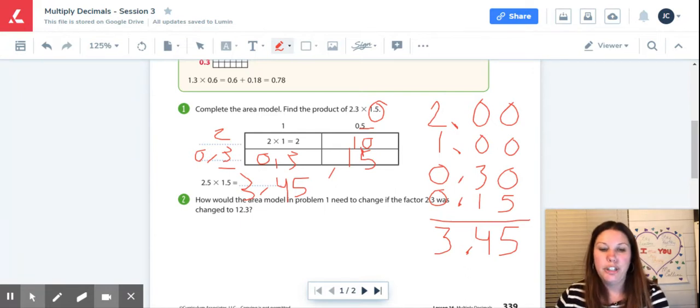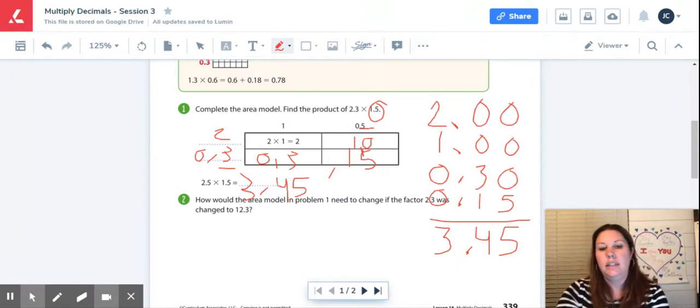Okay, number 2. How would the area model in problem number 1 need to change if the factor 2.3 was changed to 12.3? Well, we're adding a whole nother 10 here.